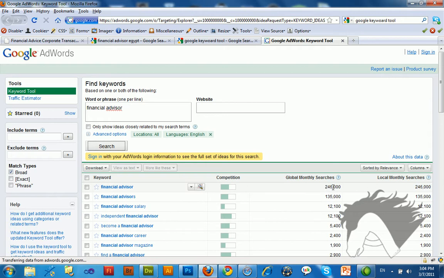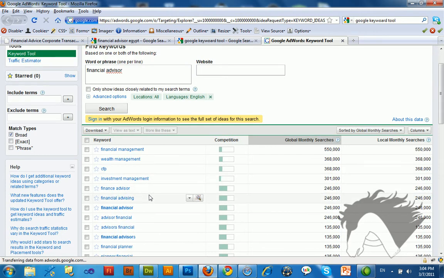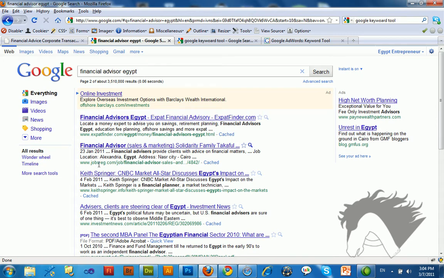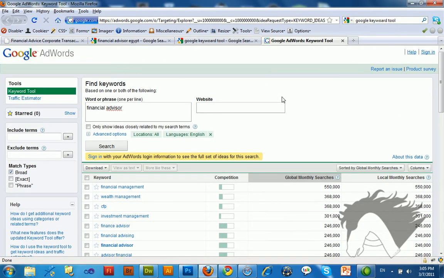We find that more than 200,000 searches per month are performed on the words financial advisor. Financial advisors is also searched pretty highly. For better SEO results, we pick a few highly searched words from here and optimize the website, so when somebody goes to Google and searches for this, they will find Fact.